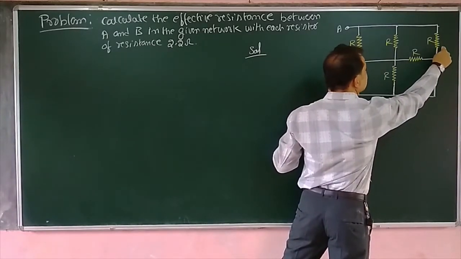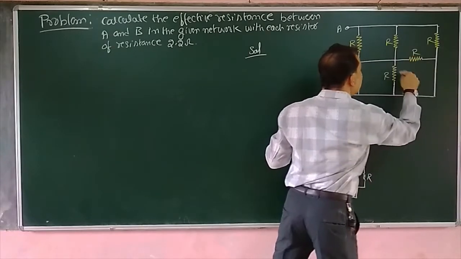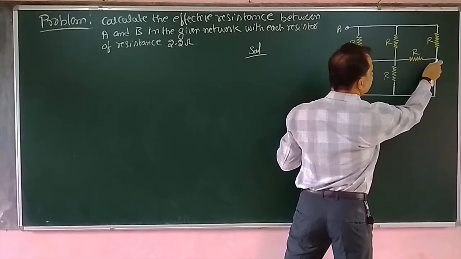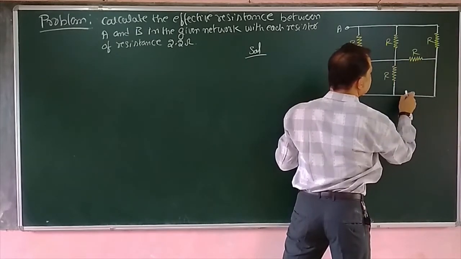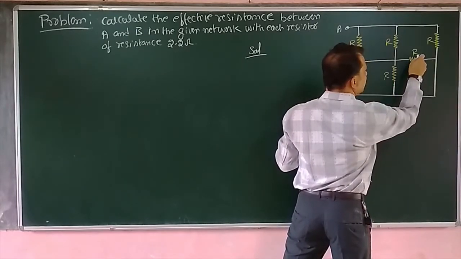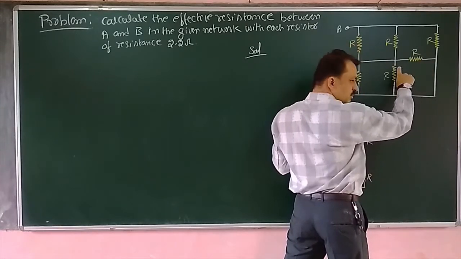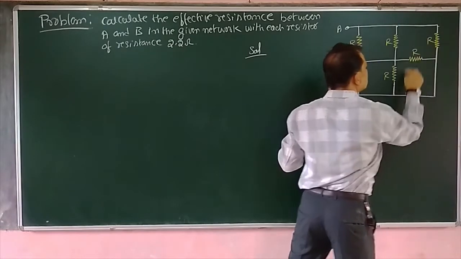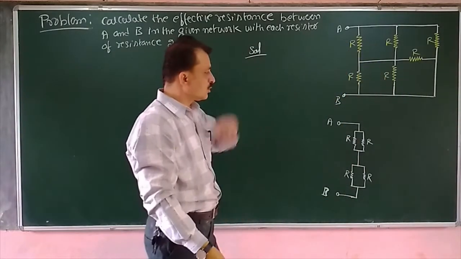Now this resistor is parallel to both the branches. Look here carefully. If I connect like this here, this resistor becomes parallel to the bottom resistor, but this resistor is parallel to both the branches. Now look at the diagram.